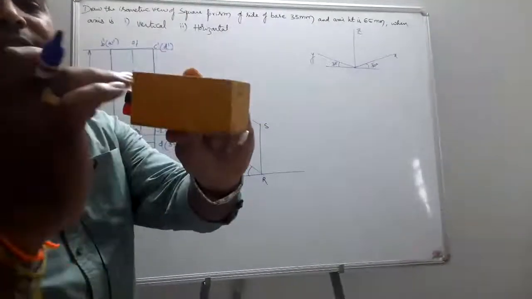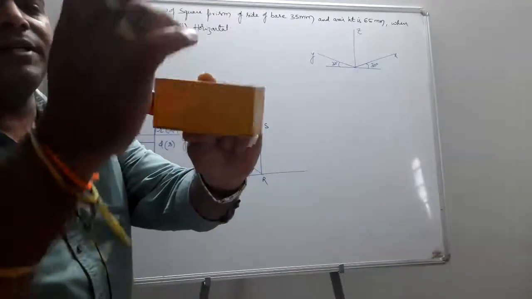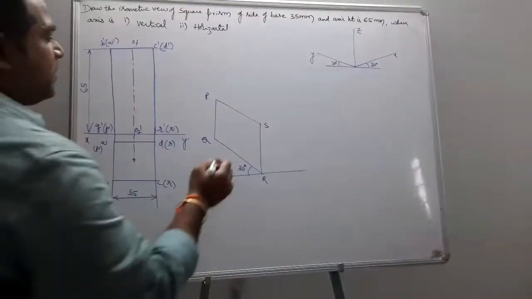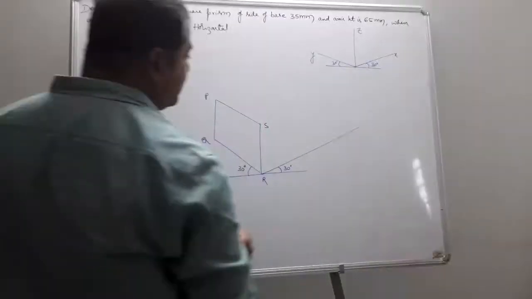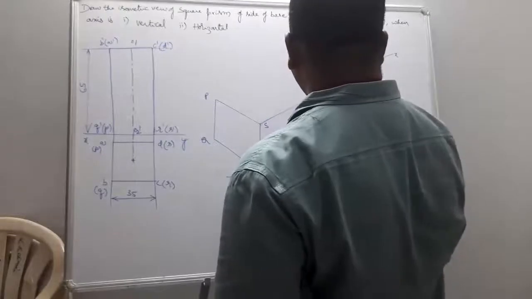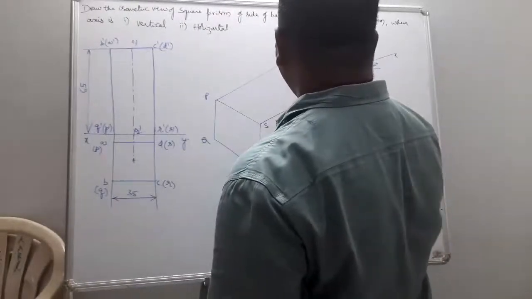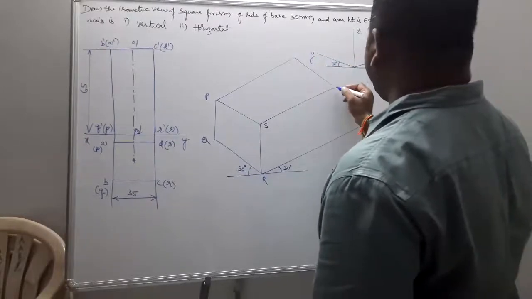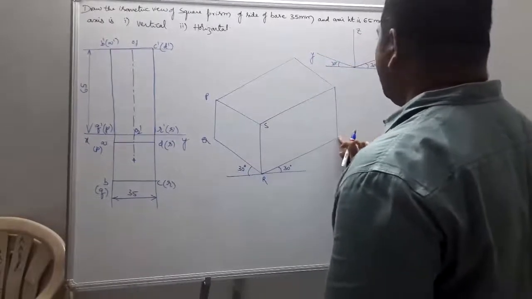I had to extend all the edges for the given 65 height. So I just draw again the line of 30 degrees. This measures 65, and this measures 65. This measures 65. Okay. So from here it is going to be like this. From here it is going to be vertical.